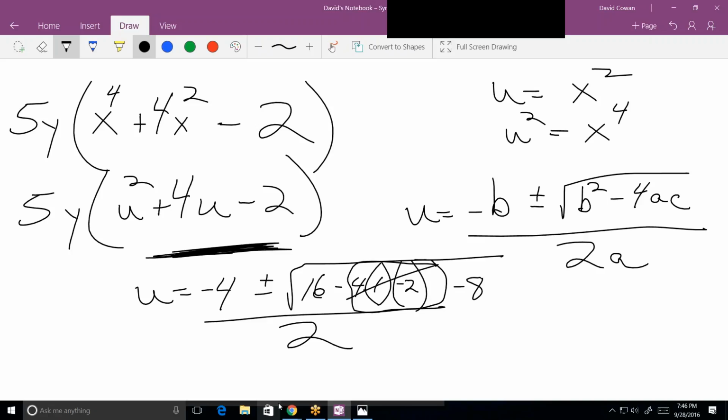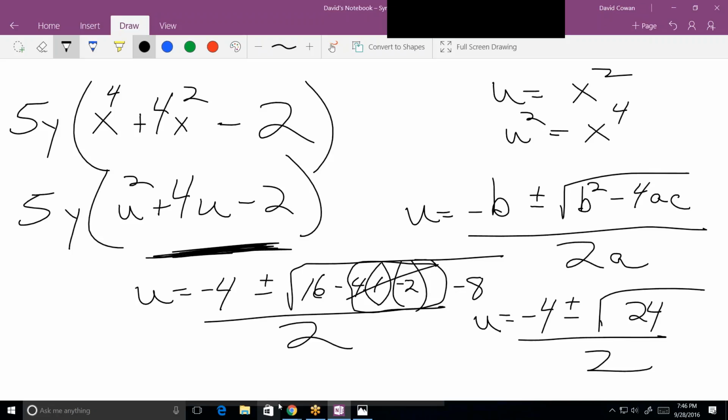Now what is 16 minus a negative 8? Plus 24. Correct. So I'm going to make u now equal to minus 4 plus or minus the square root of 24 all over 2.